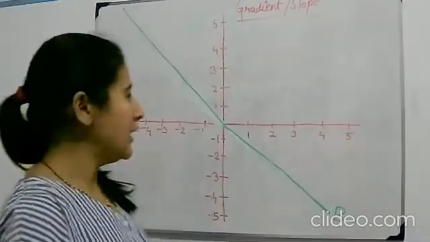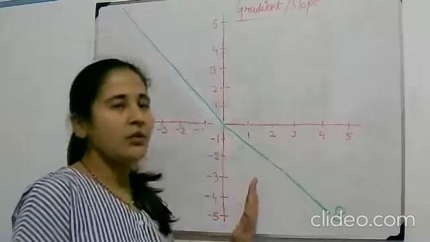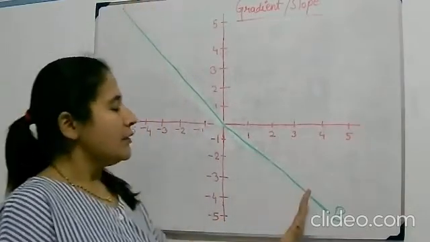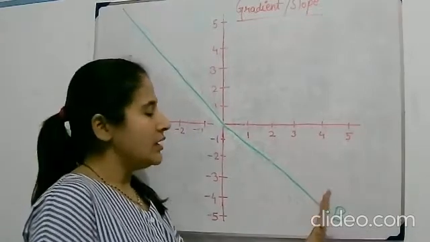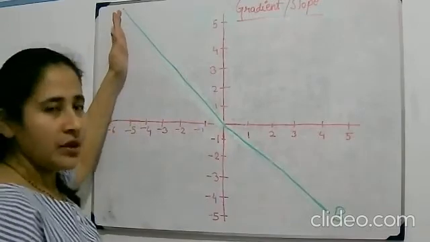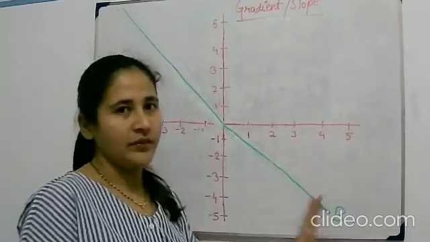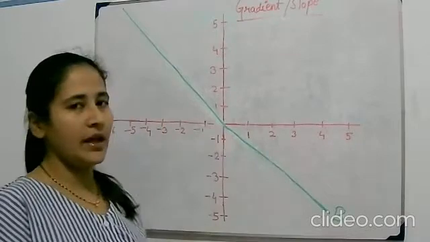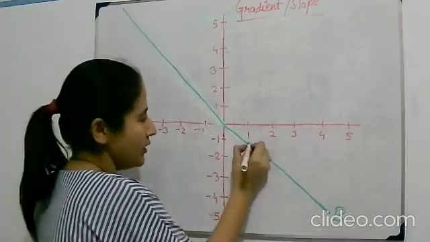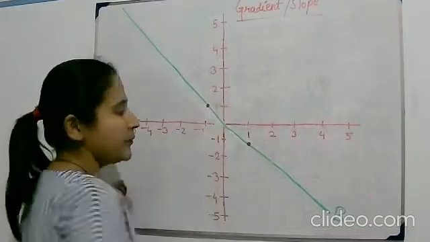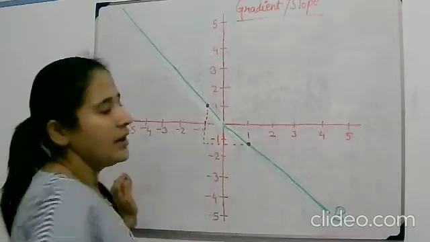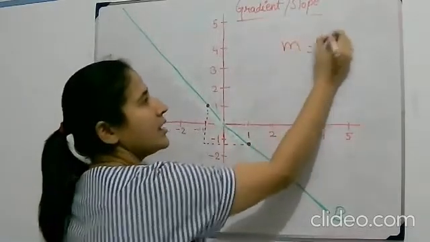Okay, so now see the line which is going from the left side upward to the right side downward. So here the slope will be negative slope. The method is the same. Let's take any 2 points on the line. Join these points and see what is rise and run.